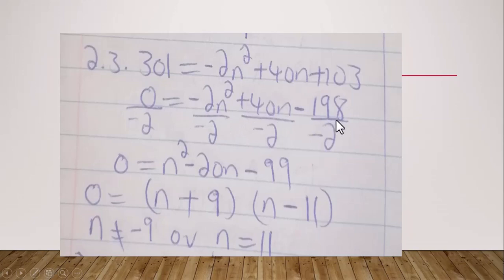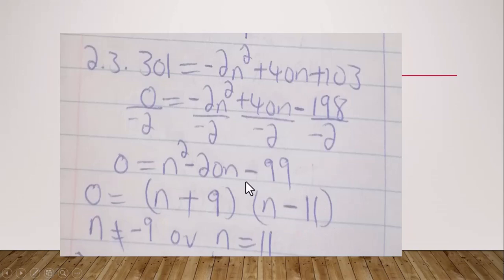And then from there you will divide throughout by -2, because you cannot factorize when the coefficient of n squared is negative. When you divide by -2, 0 is equals to n squared minus 20n minus 99. Can you find the factors of 99 that can give you 20? Yes, 11 and 9. The bigger number takes the sign of the middle term.